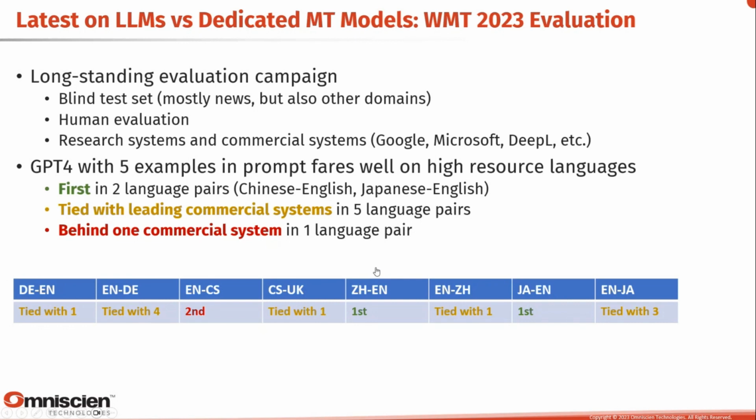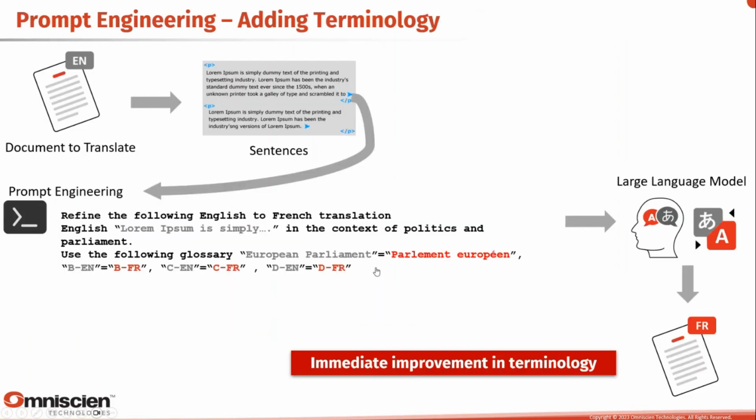So it's first place in Chinese-English and Japanese-English. It is tied very closely with the commercial systems, and only for one language is it clearly beaten by a commercial system. This is now just a comparison with commercial systems, not the research systems.